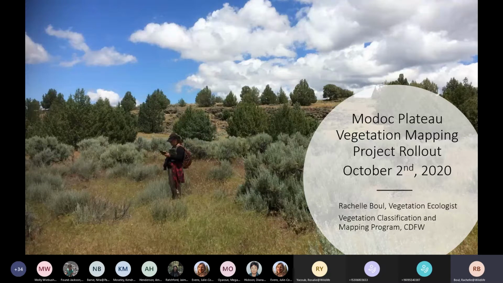It's been brought to our attention that many people are unaware of the vegetation data that VegCamp supports, and so this is part of our effort to get the information and the data out to be used by the local managers and other potential users of vegetation data, because as you'll see, there's a lot of information and data here that could really drive and contribute to local land management decisions.